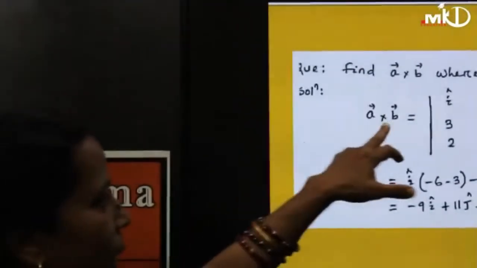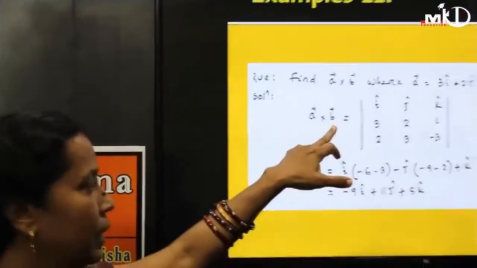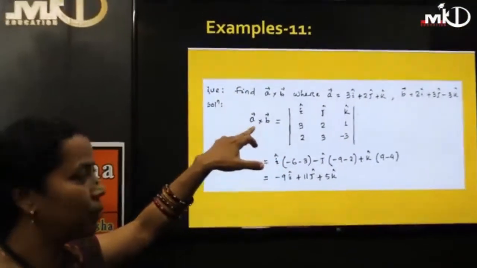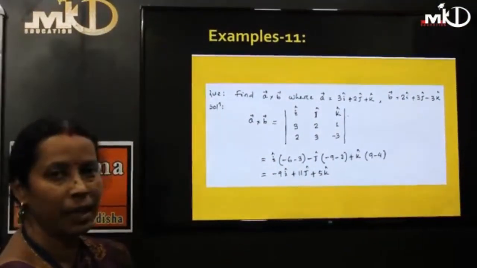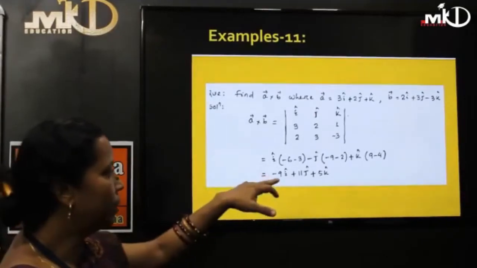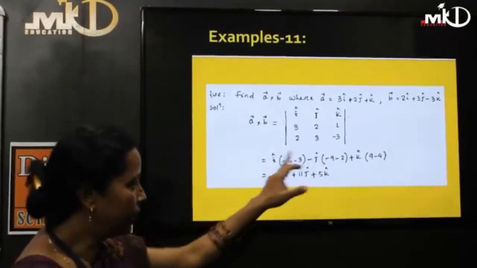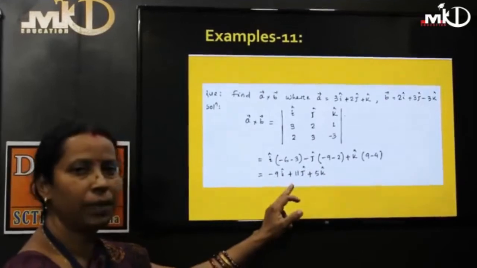And here, why do we call this the vector product? Because the product itself is a vector.